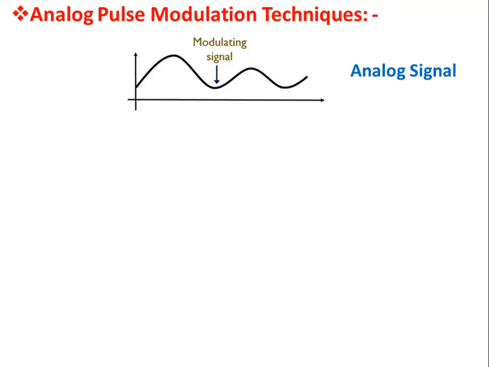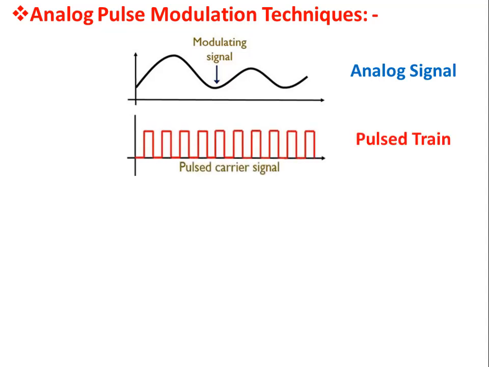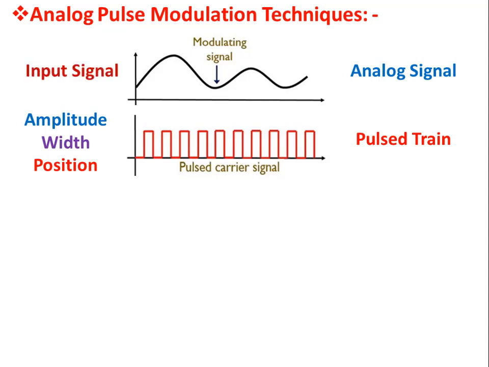This modulation technique is very similar to the analog modulation technique which you have studied in your third semester syllabus. But the difference is that here in analog pulse modulation technique, we use a pulse train as a carrier signal instead of using a sine wave as in analog modulation, so that some parameters of the carrier pulse train such as amplitude, width and position can be modified based on the amplitude value of the input signal x(t).